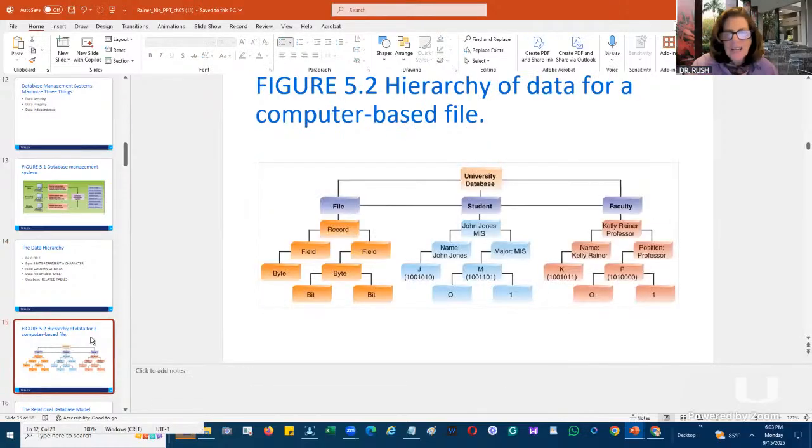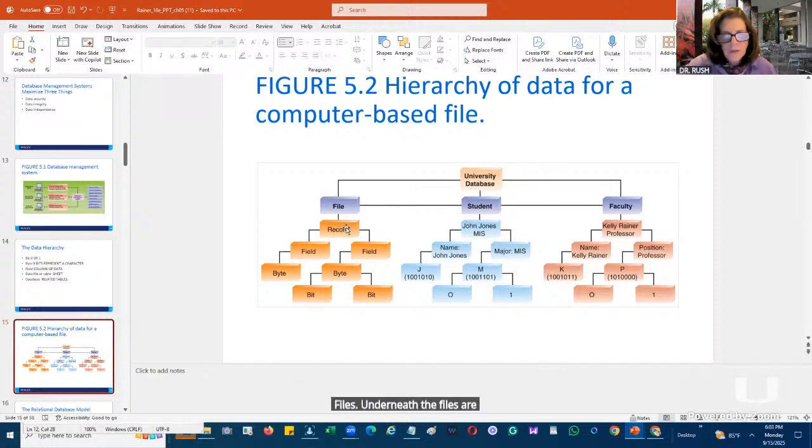So if I look at the hierarchy of data, this could be my university database. I could have then a faculty file. I could have a student file. So this right here is files. Underneath the files are records.